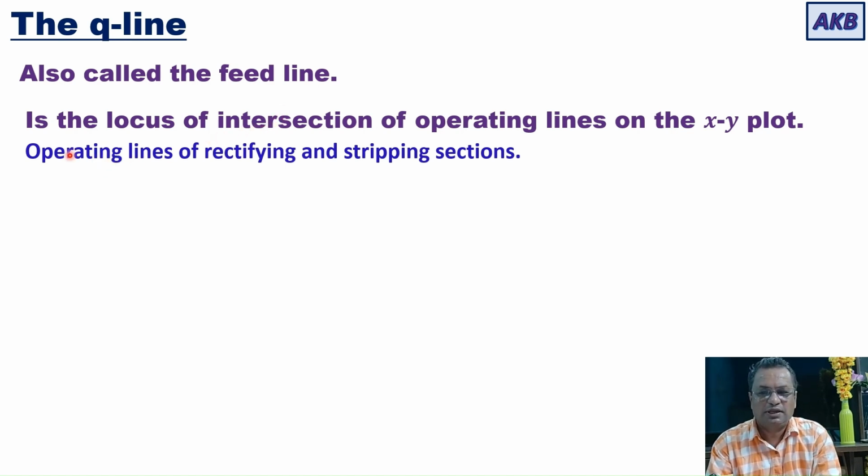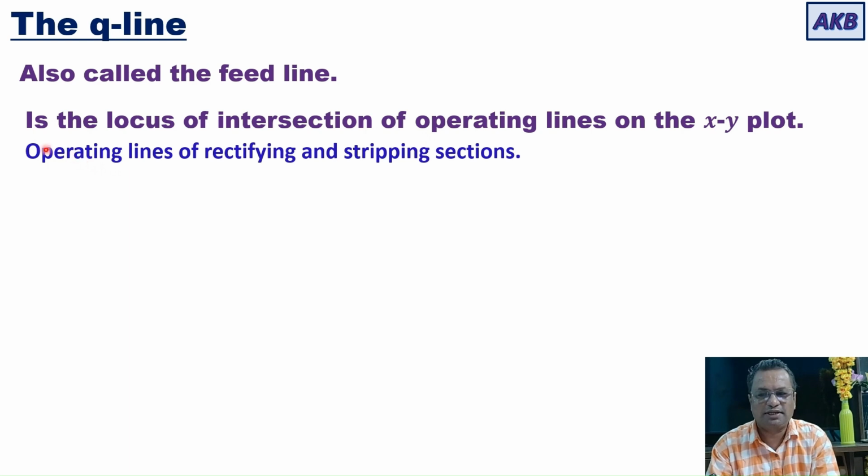Okay, so how is it understood? The Q line is nothing but the locus of intersection of operating lines on the XY plot. Locus you can understand as a collection of the intersection points. So as the slope of the two operating lines changes, their intersection point will be moving. That collection of all possible intersection points will be the Q line.